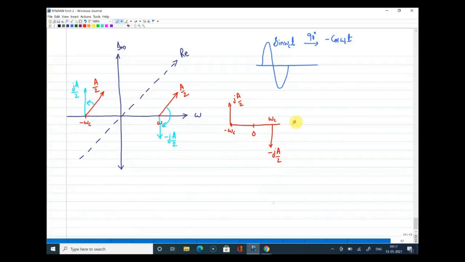Now I know the result. When I apply a 90-degree phase shift operation to a sine wave, what you will get is a minus cosine wave. So if I write the resultant spectrum of the minus cosine wave at omega c and at minus omega c, you will have this one.